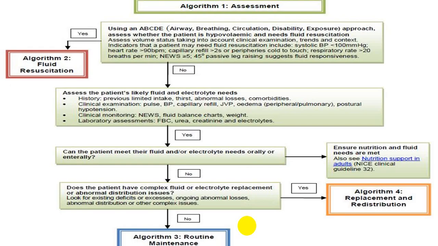So this part we are dividing into different steps. First, always have a good checkup.